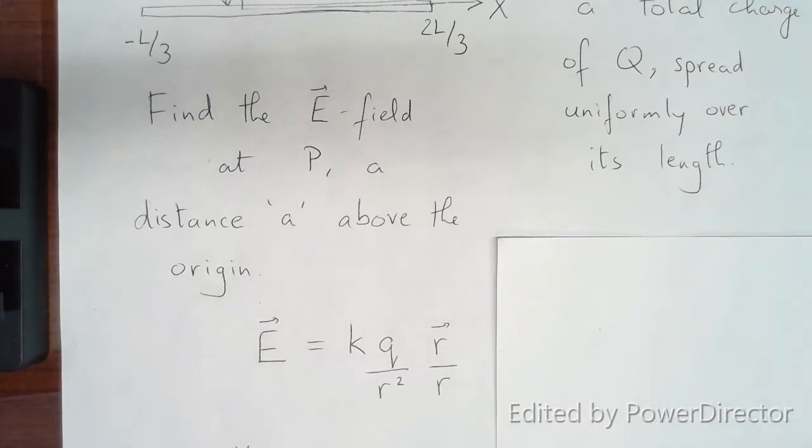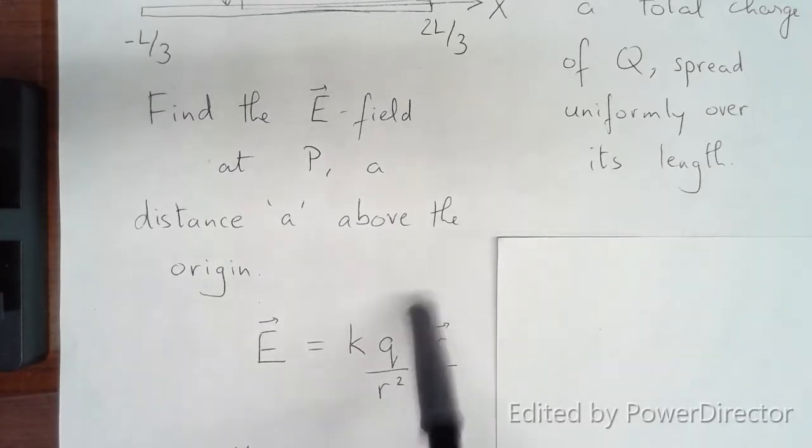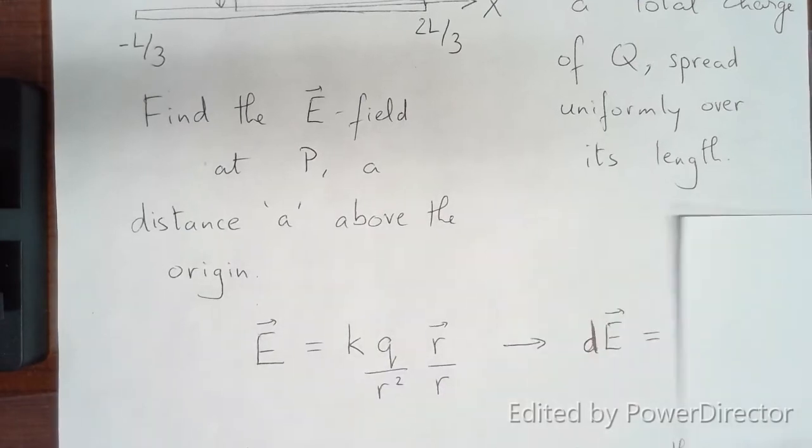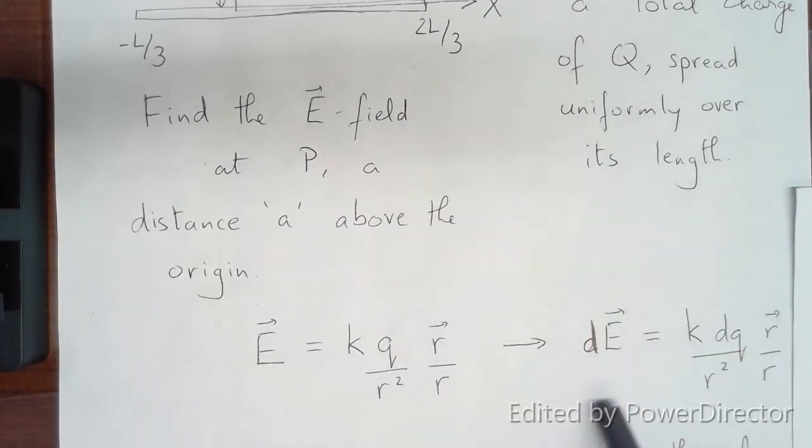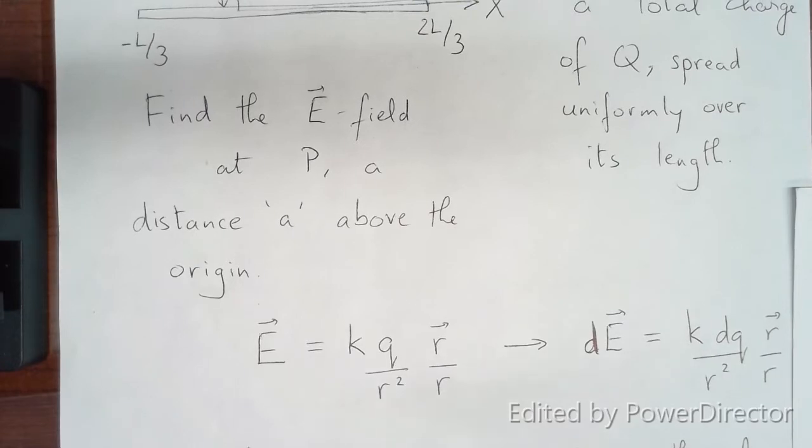So we are going from the electric field due to a single point charge to the electric field due to a small amount of the rod, which will carry a small amount of charge dq and produce a small electric field dE. Once we have that dE due to a single piece, we find out the dE due to another piece and another piece and another piece and so on, and then add up all these electric field vectors to get the total electric field.